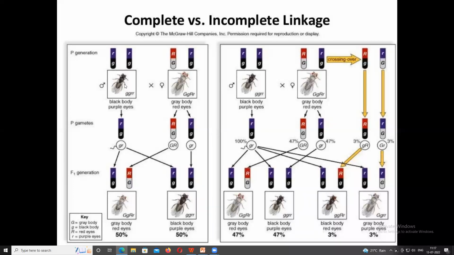This is one parent, same as this, and the second parent, same as this. Complete.